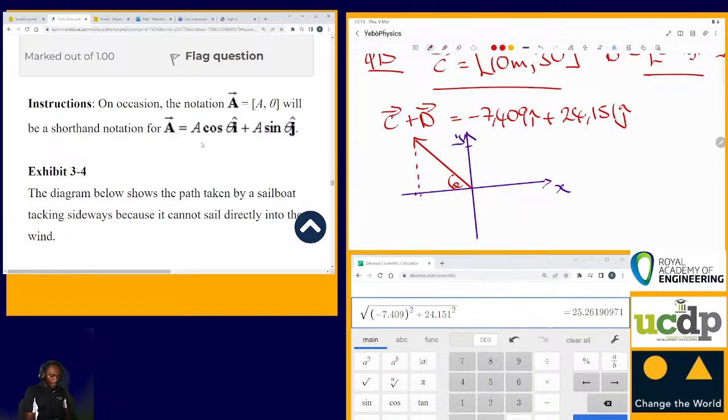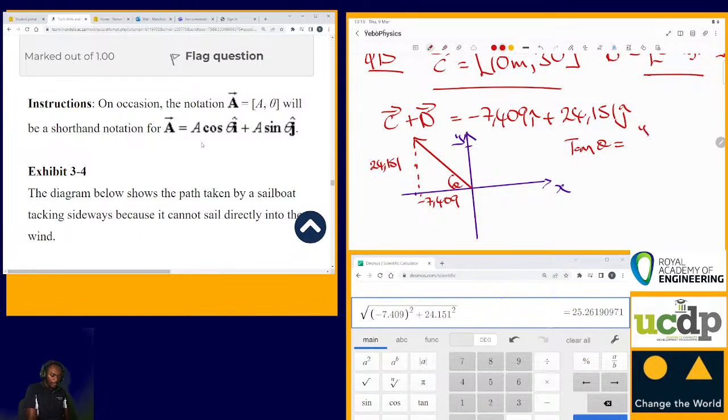And our y-axis is 24.151 meters. And here we've got negative 7.409. So we now use our trig ratios to find the angle theta there. Let's say tan theta, since we have the opposite and the adjacent.